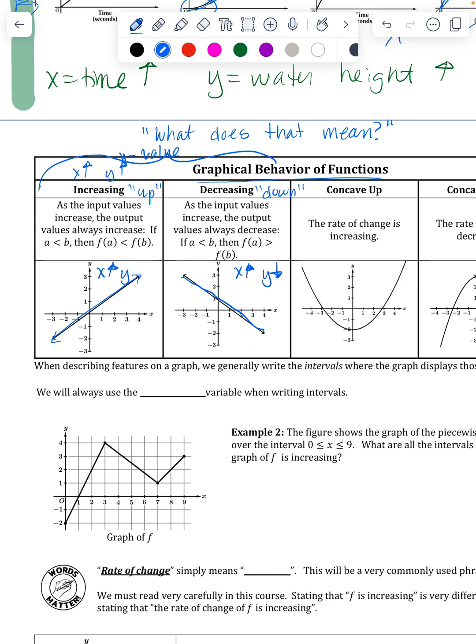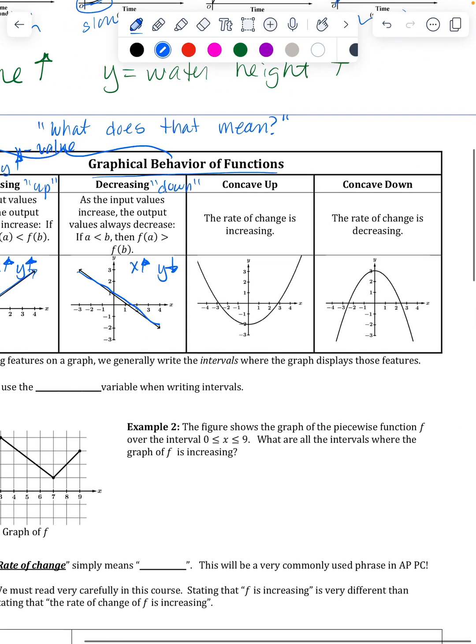So that's something you have done. You have been able to look at a graph and decide if things are going up or down. This is a new concept over here, so pay attention to this part. If the graph is concave up, you might have talked about it as opens up. I shorten concave up to C-U-P.